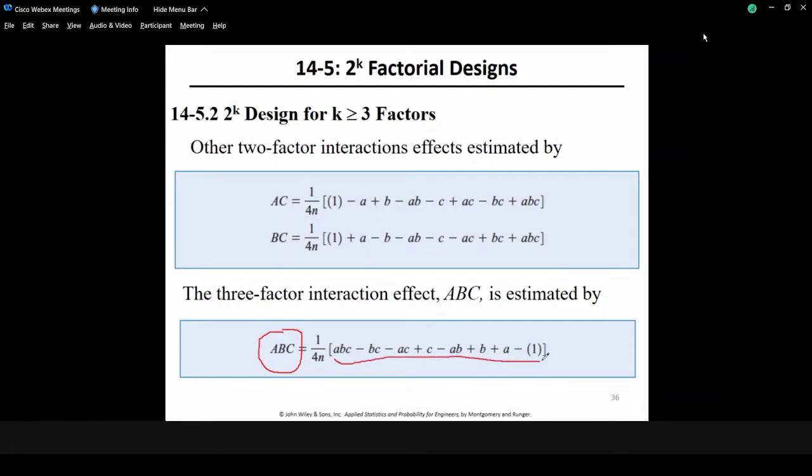Look at this, the contrast of ABC. Contrast ABC, right?